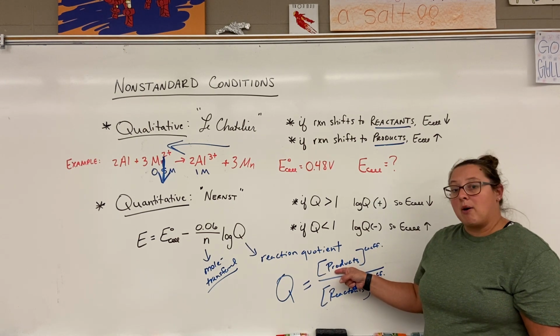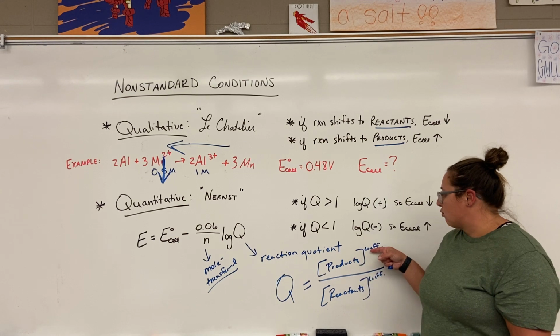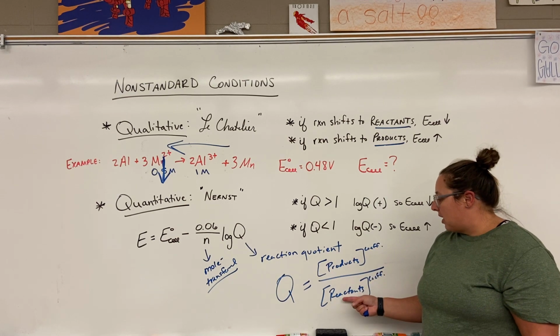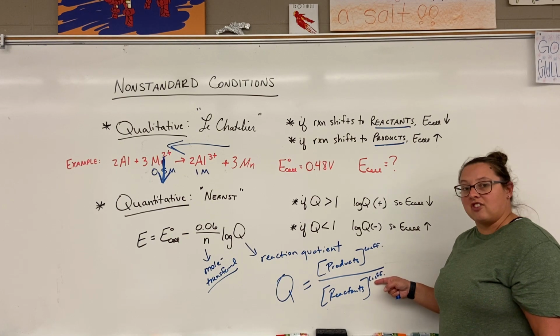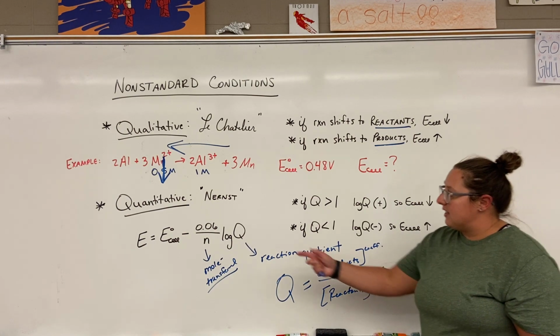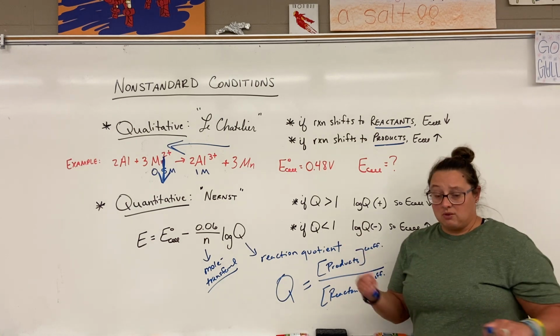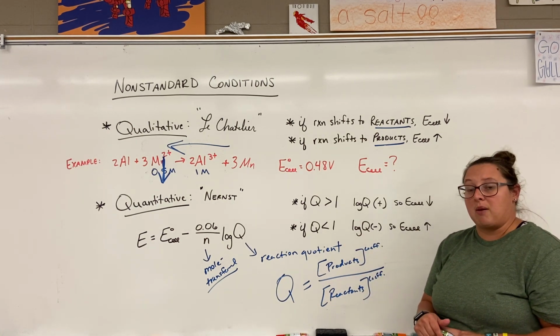So we plug in our product's concentration and raise it to the coefficient. We plug in our reactant's concentration and raise it to its coefficient. So now that we know the different parts of the equation, the best thing we can do is just try an example problem with it.